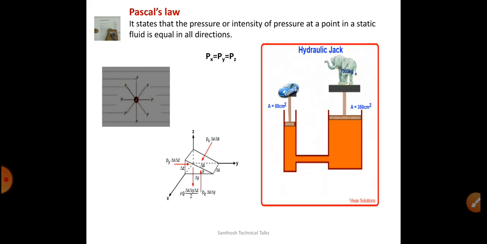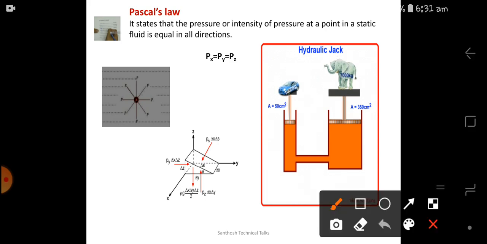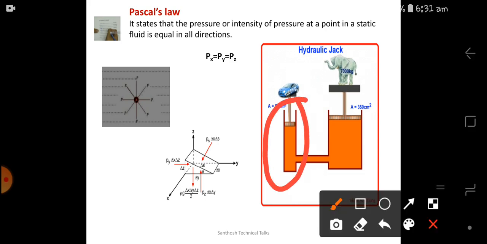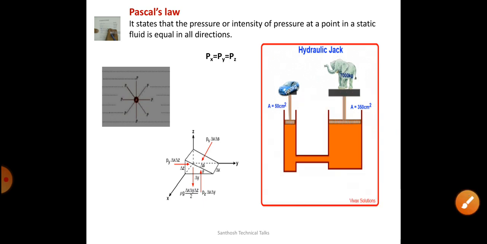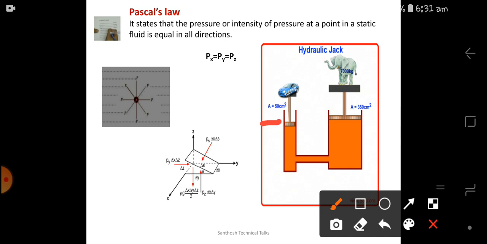With a small force applied on a small piston cylinder, connected by a fluid layer to a large piston cylinder, the small piston area is 50 centimeter square, whereas the large cylinder area is 350 centimeter square.